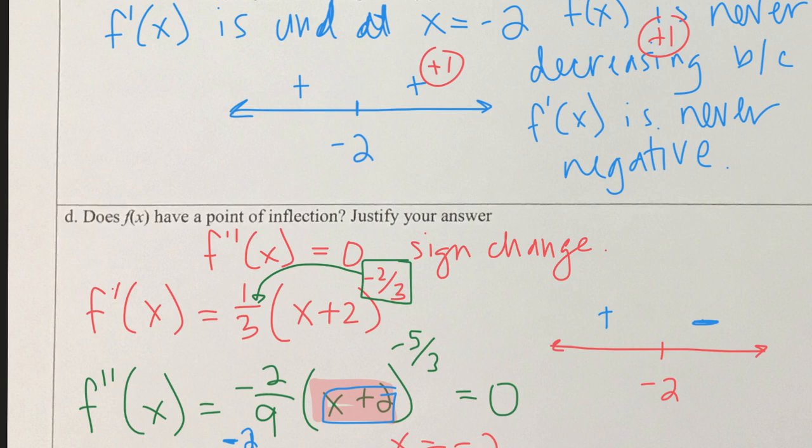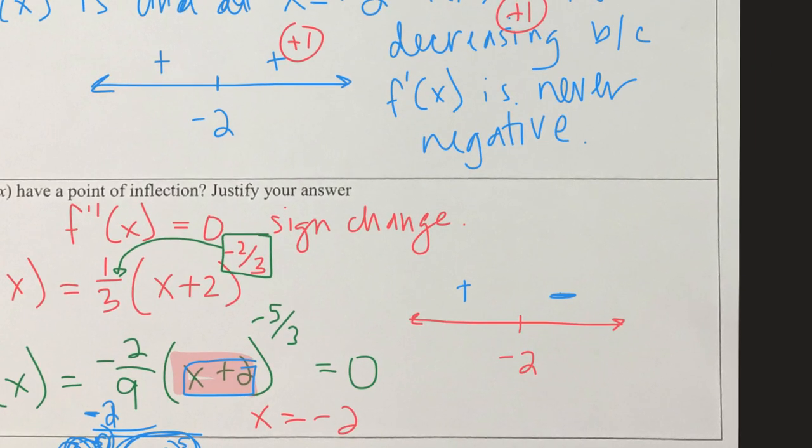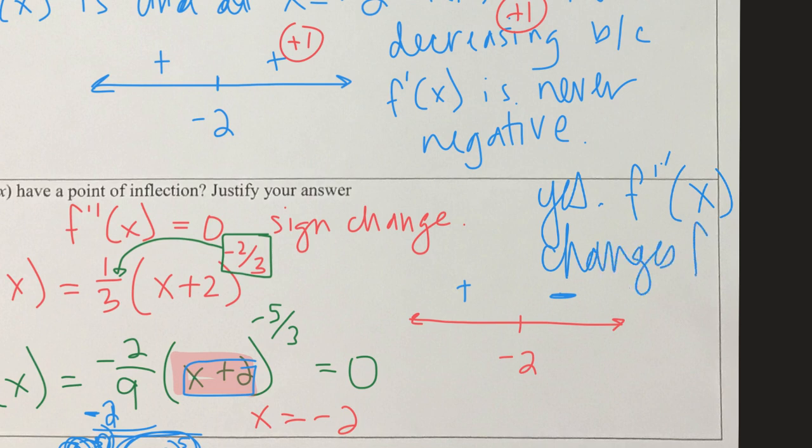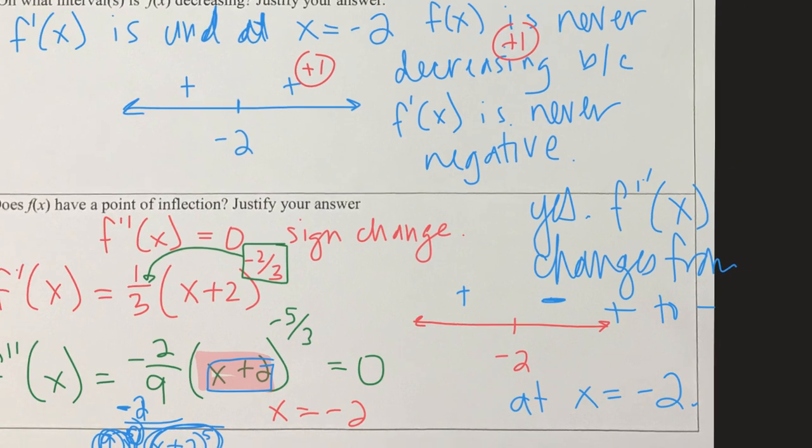Okay, so does this have a point of inflection? Yes, it does. f double prime changes from positive to negative at x equals negative 2. So when we have a sign change of the second derivative, you have yourself a point of inflection.